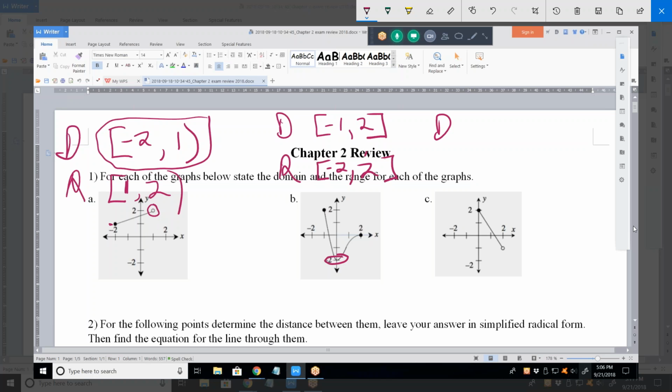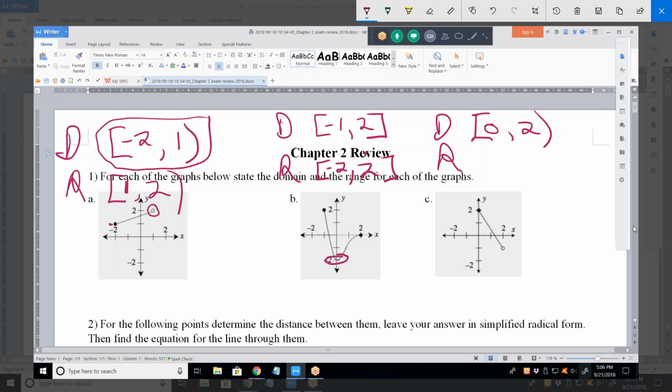And number C, domain. So it would be 0 with a bracket, and then 2 with a parentheses. And then range is, so would it be 0, or it would be parentheses or bracket?